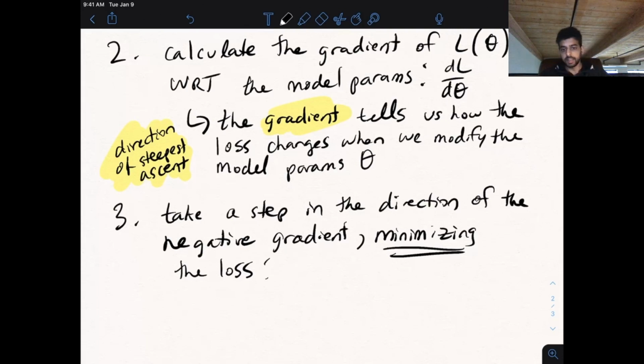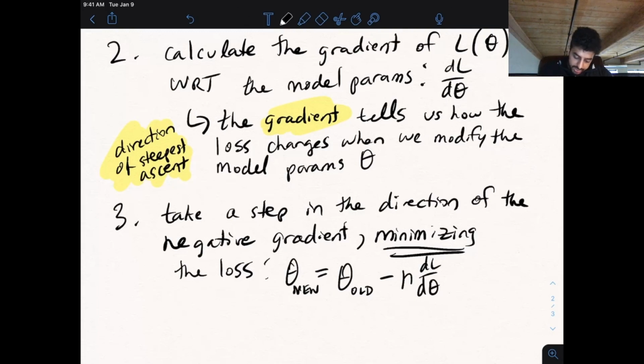So what does it mean to take a step in the direction of the negative gradient? So let's say that our model parameters were theta old. These are our current model parameters. And we want to get a new set of parameters, theta new, that result in a lower loss. So to do this, we're going to take our old parameters and we are going to subtract eta multiplied by the gradient.